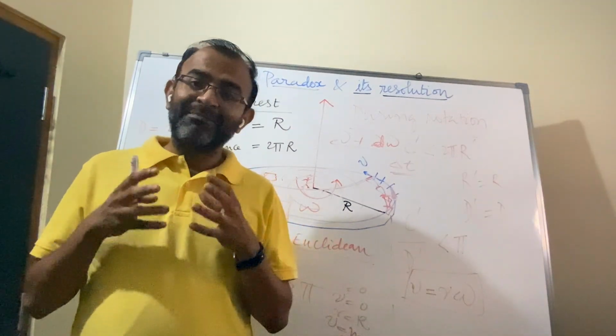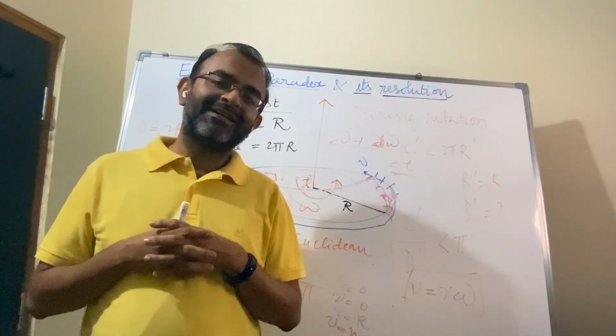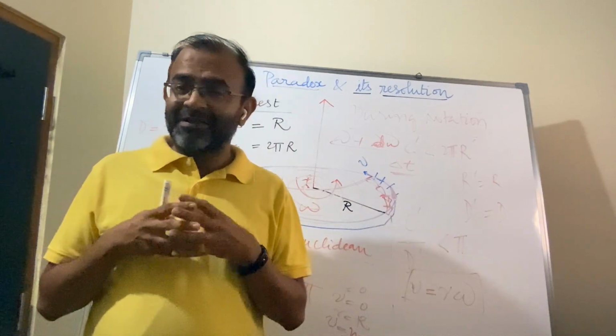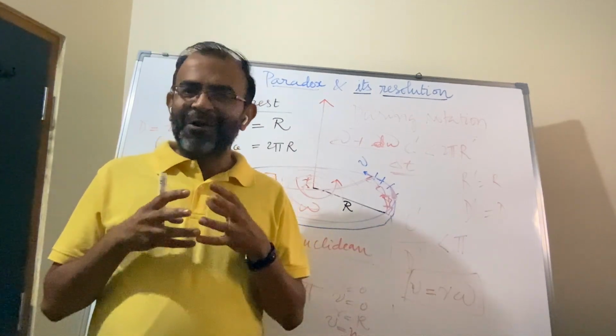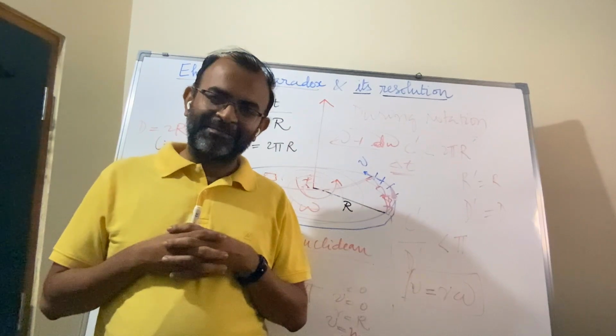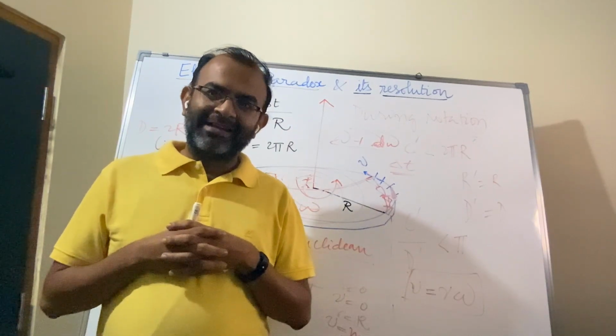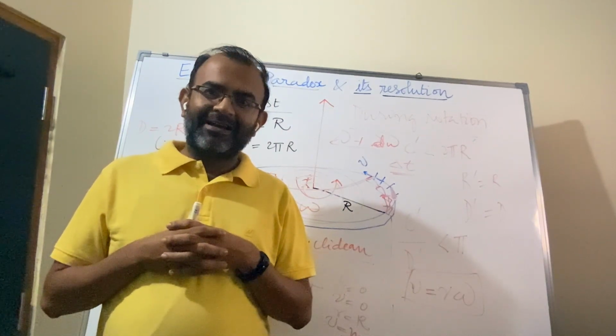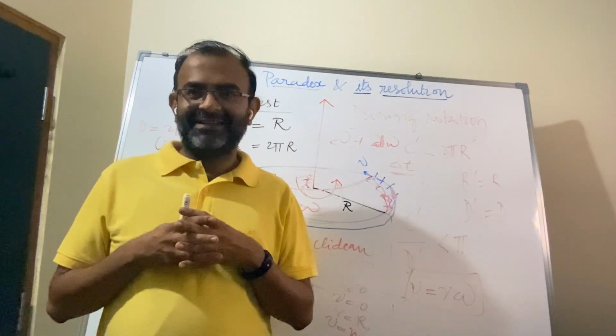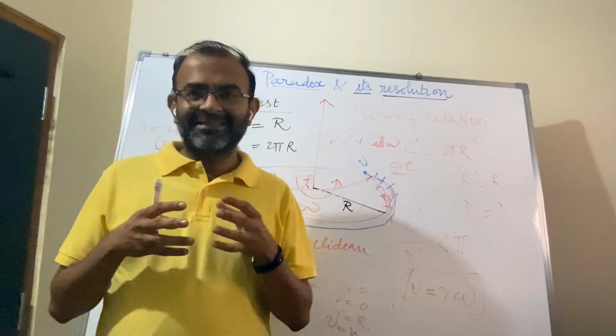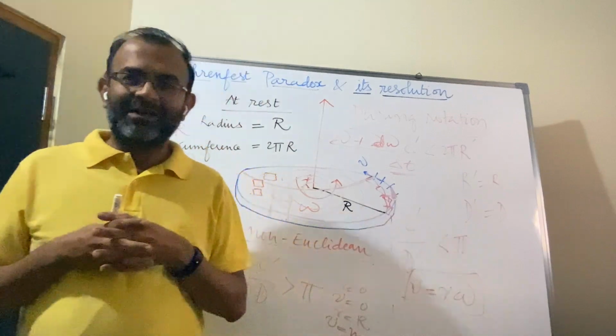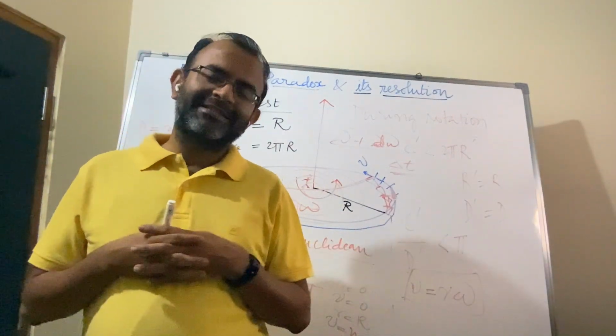In fact, the importance of the Ehrenfest paradox in the development of the general theory of relativity cannot be overemphasized. In his communications, Einstein had consistently referred to this problem during the time he developed the general theory of relativity.